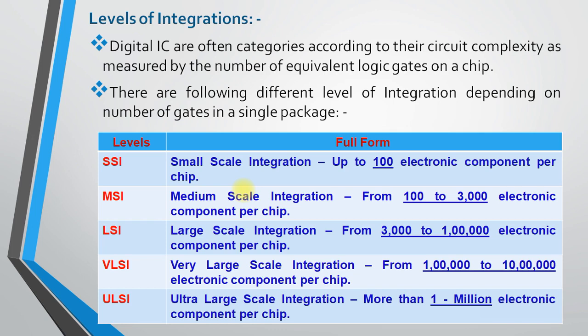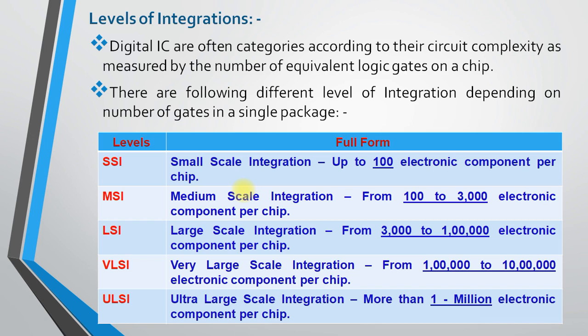So the second level of integration is known as medium scale integration, and the range of medium scale integration is between 100 to 3000. So when there is a requirement in between this, at that time you are able to purchase MSI from the market. So a single chip contains 100 to 3000 electronic components of integration. Next is called large scale integration.